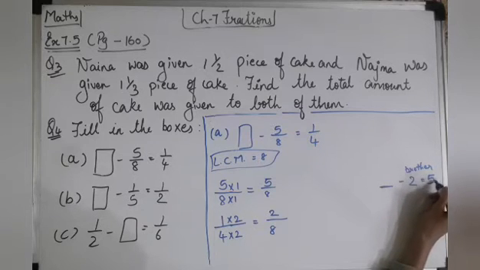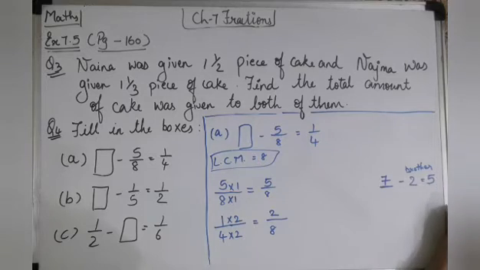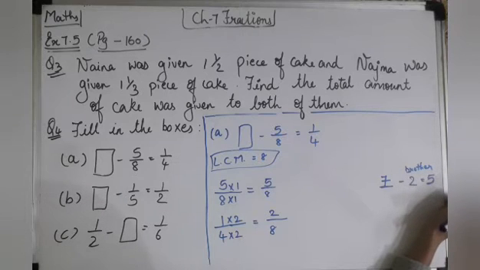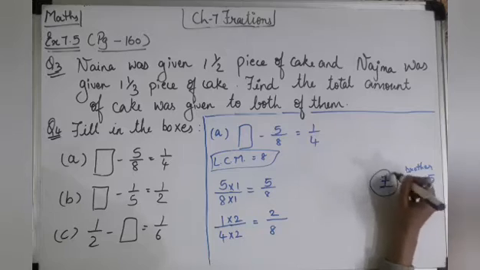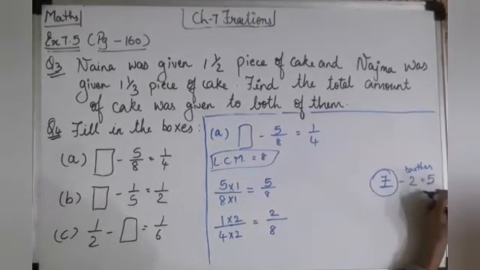So what we will do? We will add. So 5 plus 2 is 7. So your answer is 7. You were having 7 and you have given 2 to your brother. That's why you are having now 5. Okay. When the first fraction is not there, then we apply this method that we will do the addition of the answer and the second digit. Then we will get the first digit.